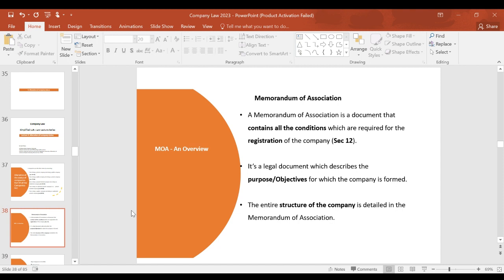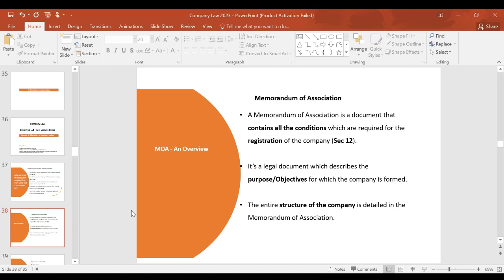And this memorandum of association is the bedrock of any company, as it stipulates the major aspects of the company, especially the objects why this particular company has been formed.